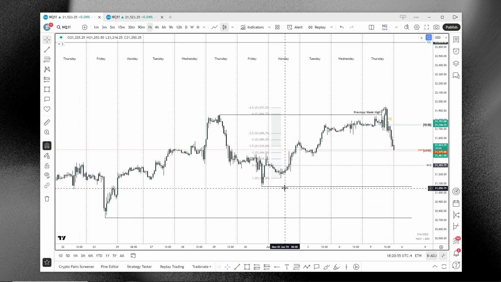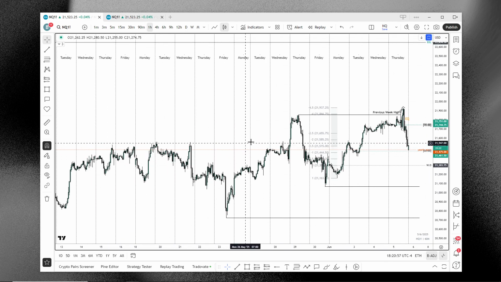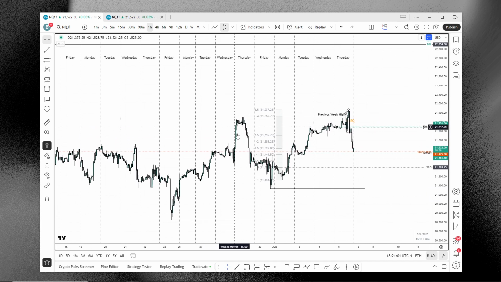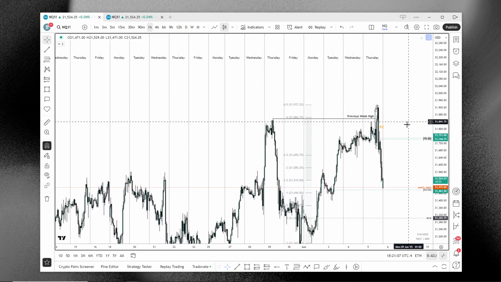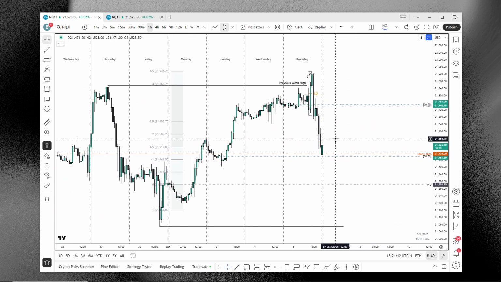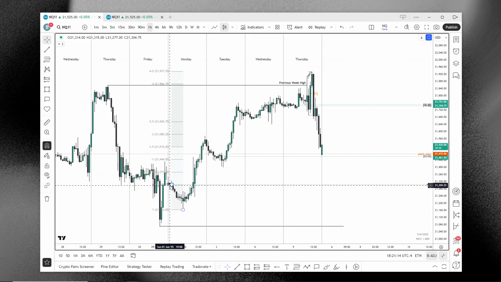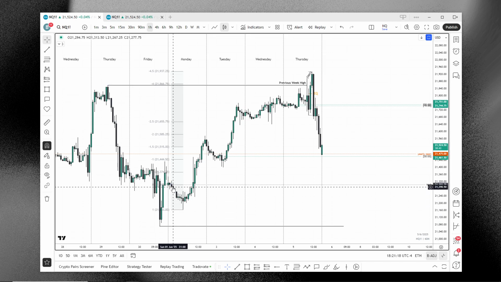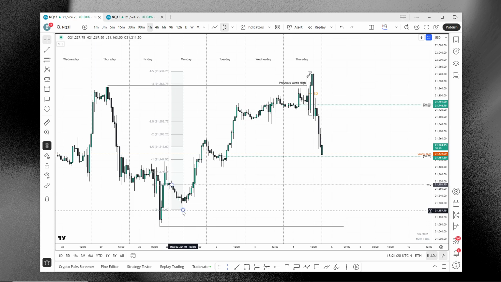So what can we notice on the high time frame chart, right? We have just a range forming here. Even tighter, we can see that we're forming a range between this high and this low. And we have recently taken this previous weekly high on Thursday in the AM session, which has also reached -4 standard deviation of the weekly opening price to the low of the week.